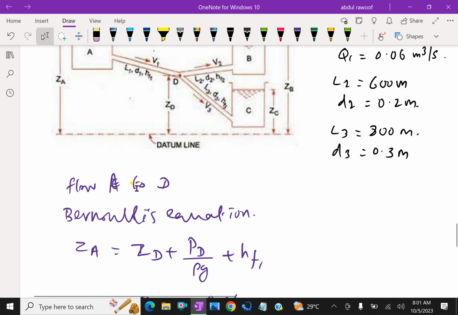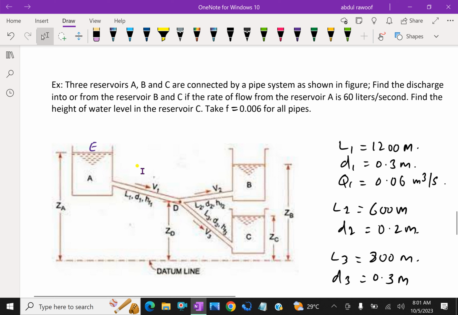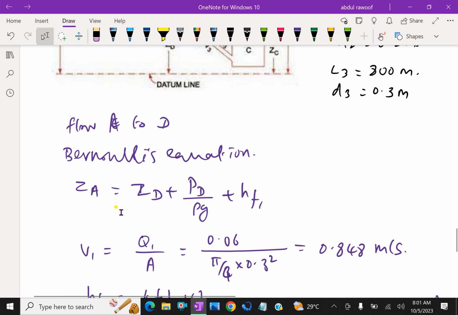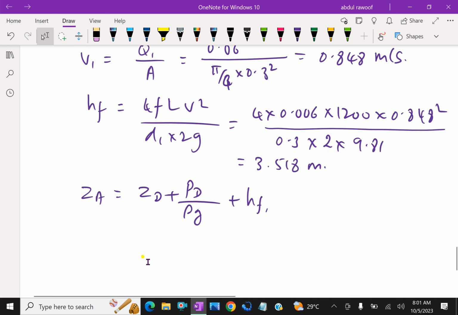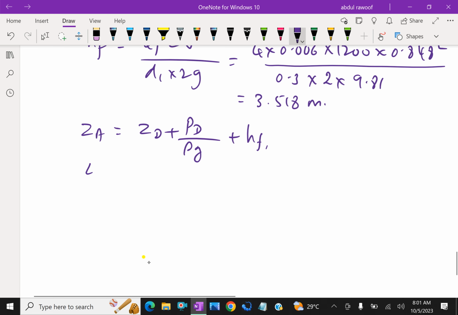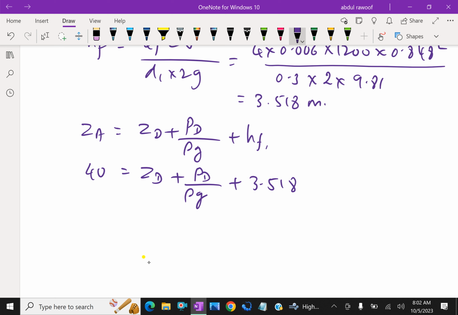ZA is given here as 40 meter, so we put 40 meter equal to ZD plus PD over rho g plus the losses 3.518.